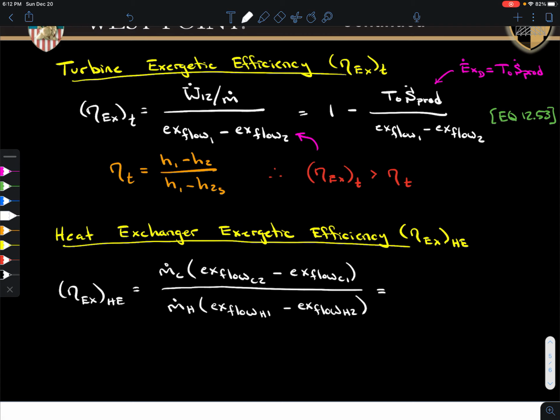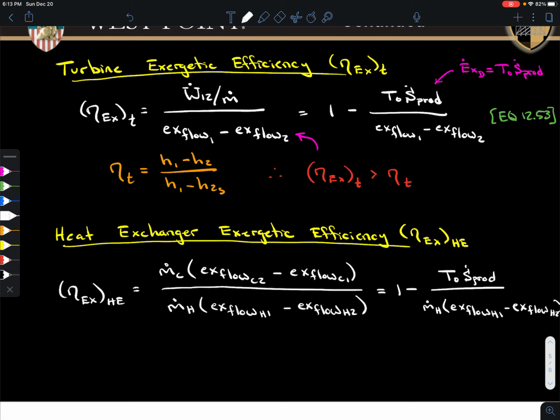So this statement here can then simplify further to be, again, in the numerator, description of our rate of exergy destruction divided by our hot side exergy flow H1 minus exergy flow H2.